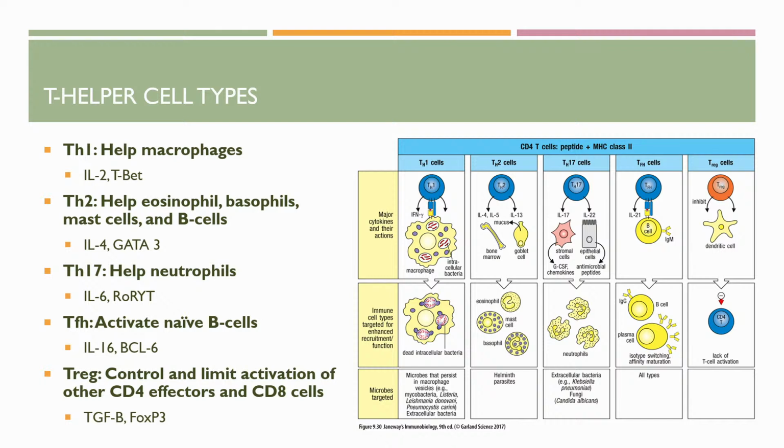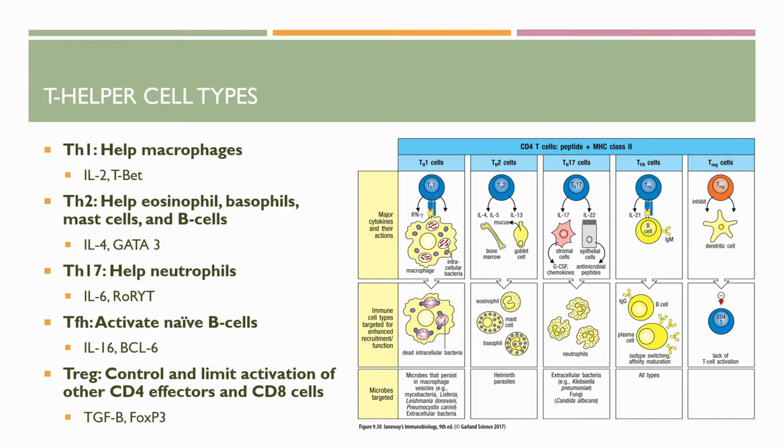So Th1 cells help macrophages, and Th1 responses are usually associated with inflammation. Th2 cells are usually associated with allergic reactions, and so when you see eosinophils, basophils, and mast cells, mast cells especially are very much involved in allergic reactions.